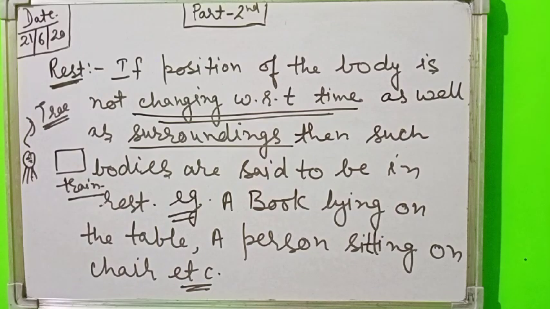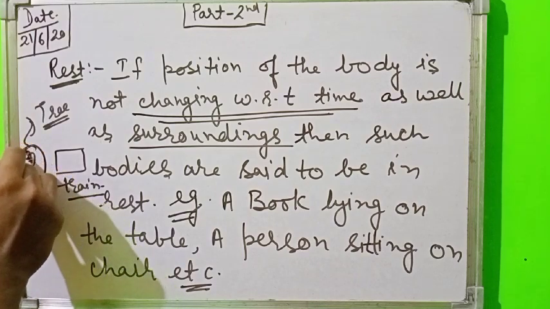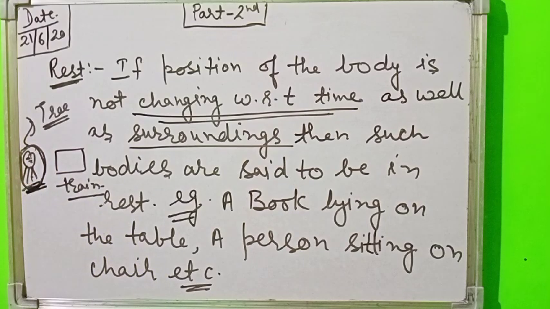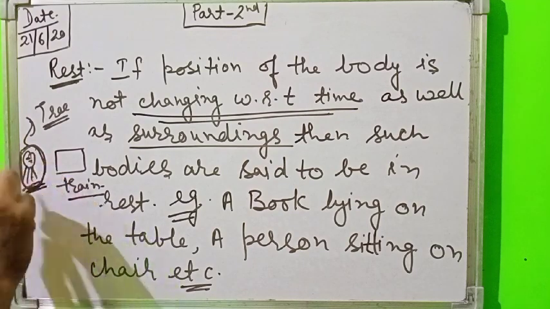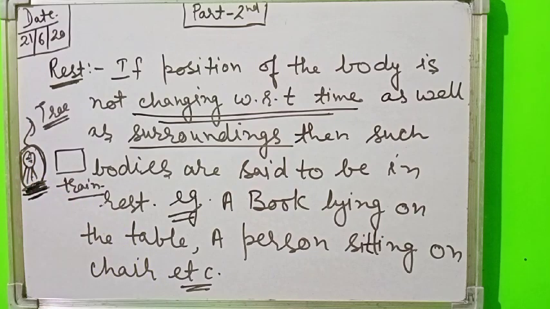with the passage of time, you are observing that the tree is at its own position. Wherever in the starting you are seeing the tree, the same position of the tree is after the passage of the time also.